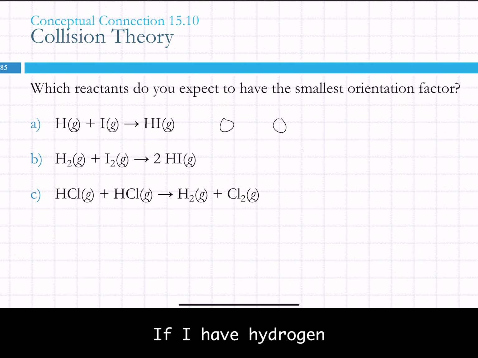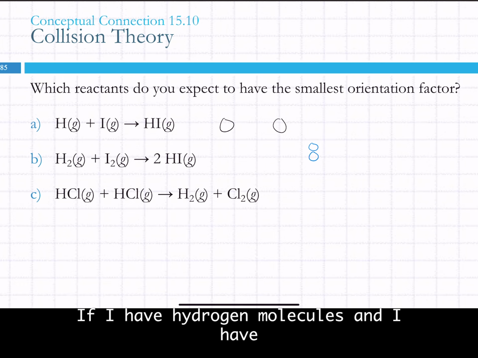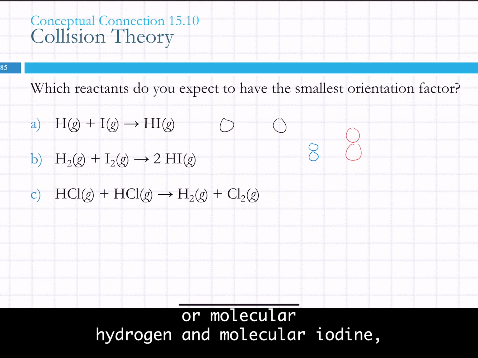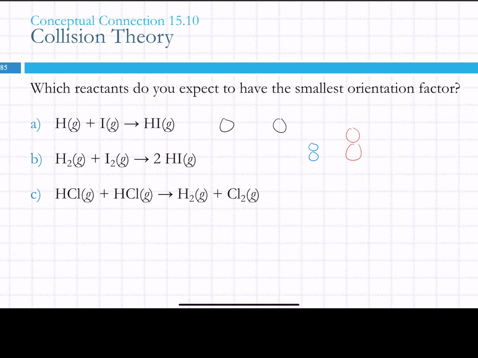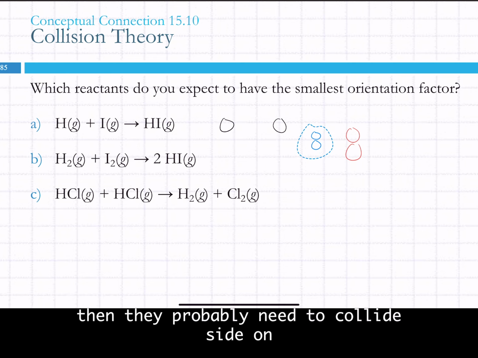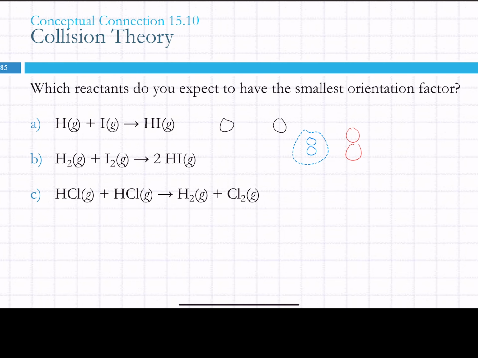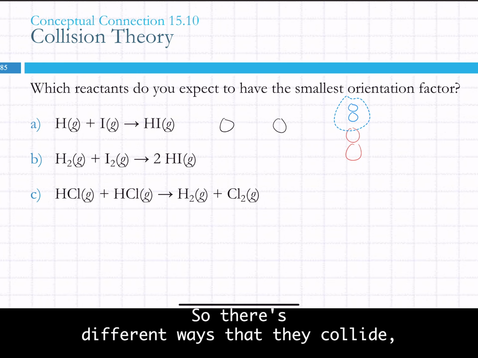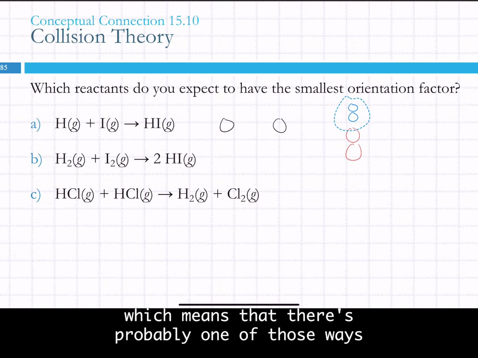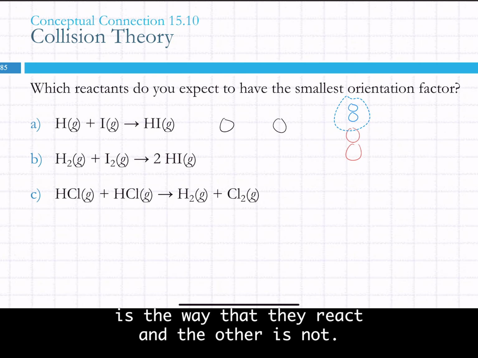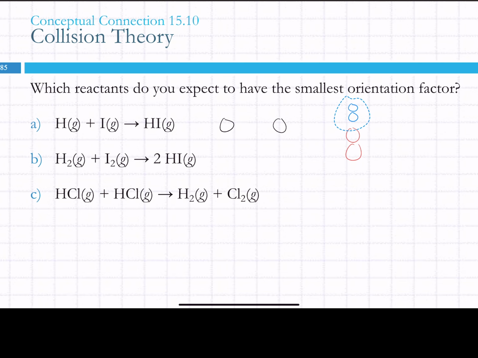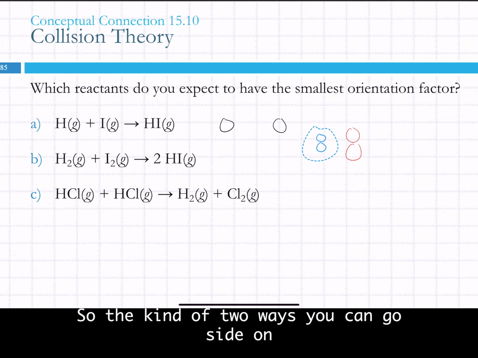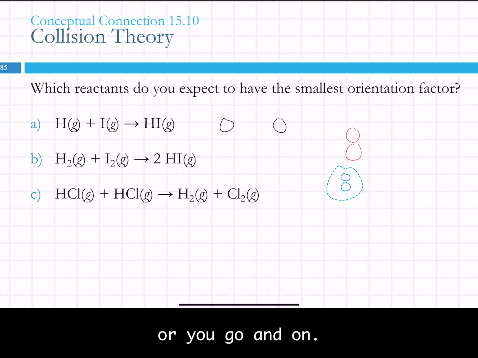If I have molecular hydrogen and molecular iodine, then they probably need to collide side on rather than colliding from end to end. So there's different ways that they collide, which means that probably one of those ways is the way that they react and the other is not. So there are kind of two ways. You can go side on or you can go end on.